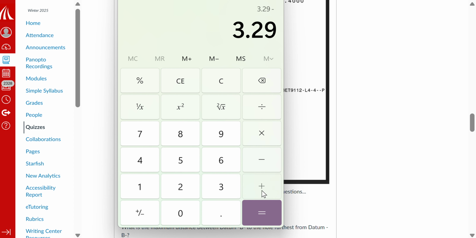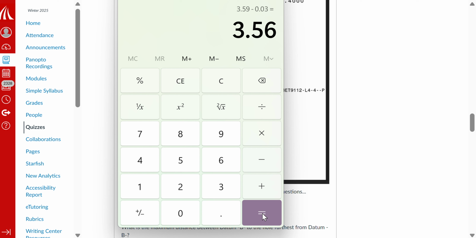Plus 0.3. I did that wrong. 0.3, and then you've got to subtract out the 0.03 tolerance, and I get 3.56.